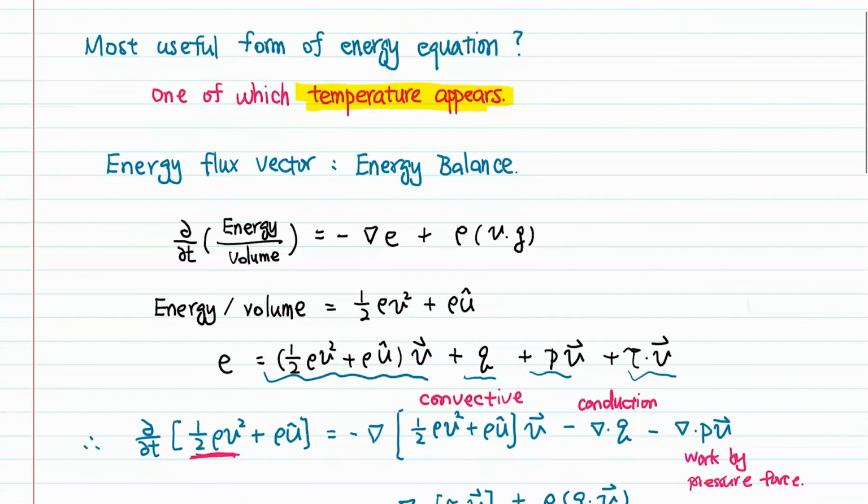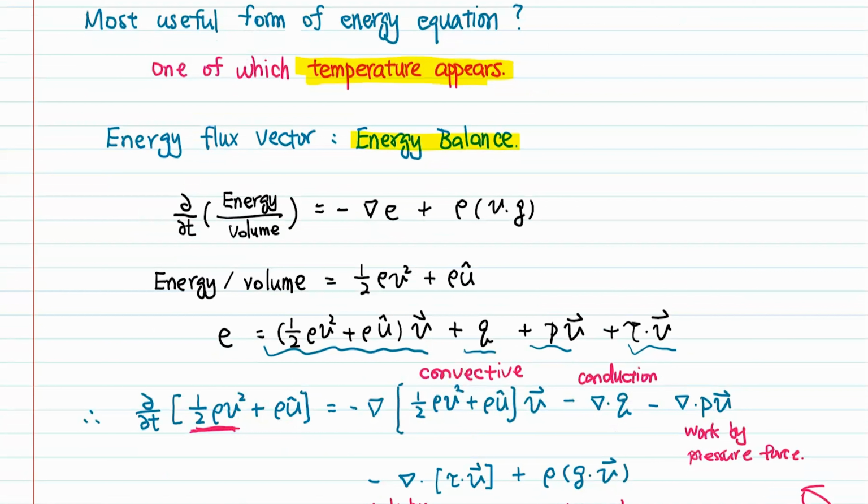And we started by looking at an overall energy balance of the system. So we have the change of energy per volume, that includes the mechanical energy and the internal energy term here, equals the gradient of the combined energy flux vector, plus the work associated with external forces, right?